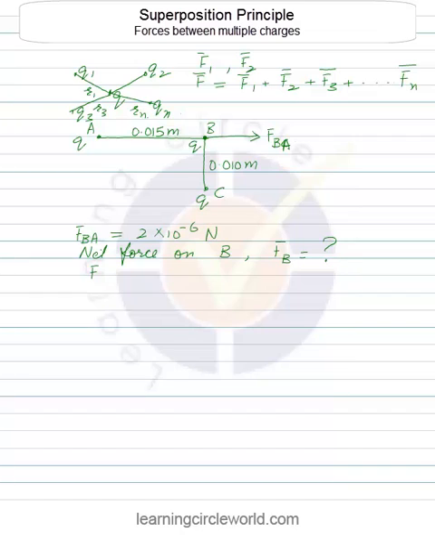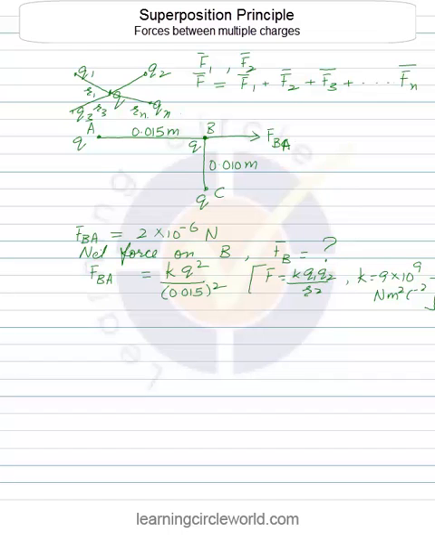So FBA in magnitude can be written as K Q square upon 0.015 square. This is from Coulomb's law, which says that F is equal to K Q1 Q2 by R square, and K is equal to 9 into 10 raised to 9 Newton meter square per Coulomb square.